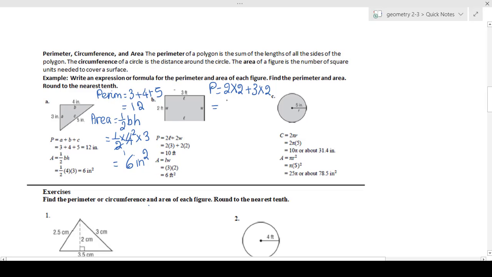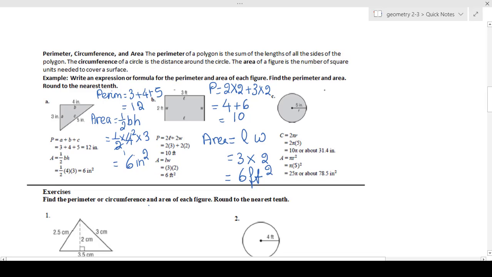So this is equal to 4 plus 6, is equal to 10. And the area is simply equals to length times width. Now, my length is 3 and my width is 2. So my area is equal to 6 and the units are feet. So it is feet squared.